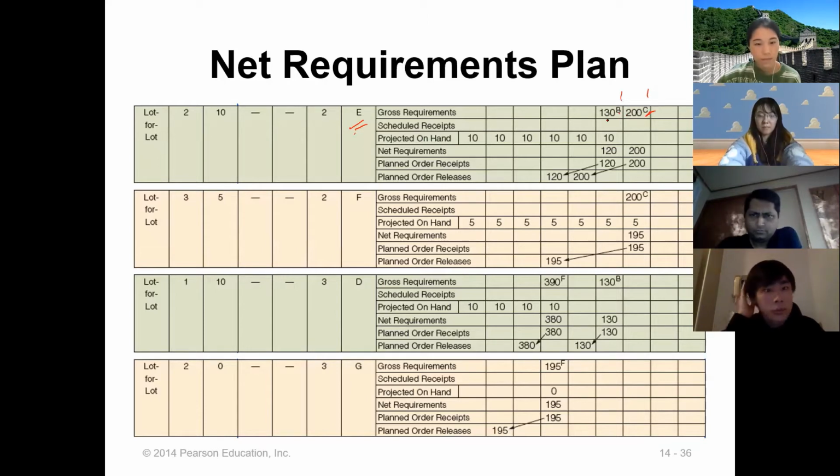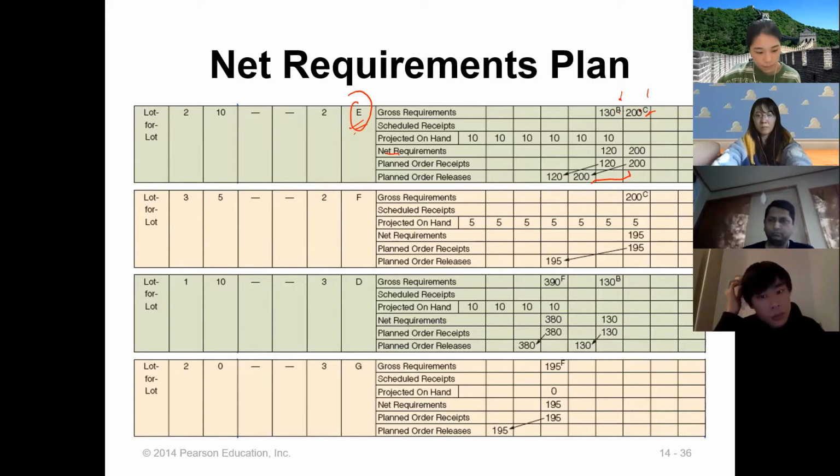You must track whatever quantity that is required. Okay, this is gross, then net. Right, so for C you need 200, for B 130 of E. Okay, E is required in B, E is required in C.